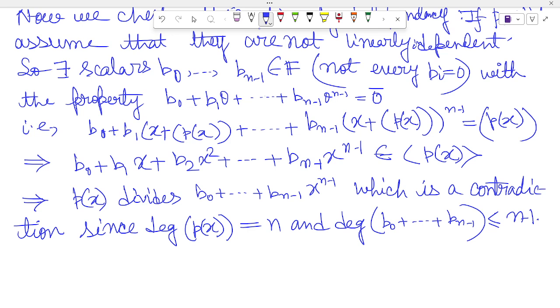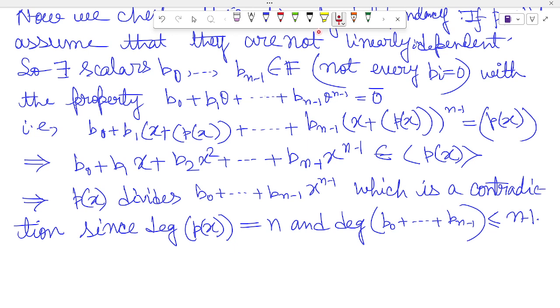Why at most? Because I don't know what Bn minus 1 is. If it is 0, then that degree will reduce. And if it is non-zero, it will remain n minus 1. So obviously a smaller degree polynomial cannot divide a larger degree polynomial. Okay, that is the reason.